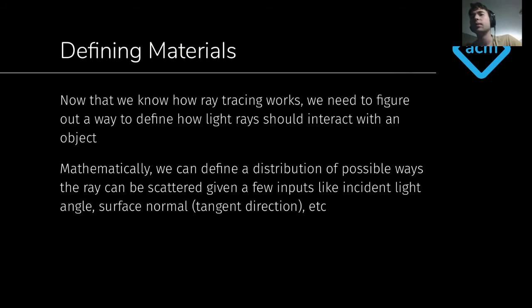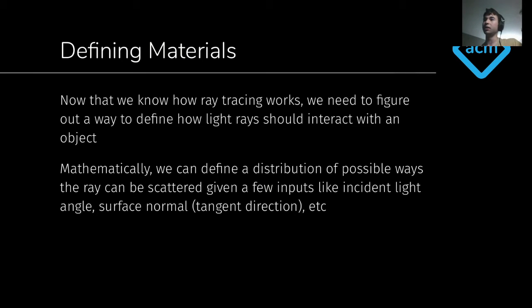Okay, but now that we have a basic idea of how ray tracing works, we get to the main bulk of this presentation, which is how can we define a way to describe how light rays should interact with this object. And the way this is done is we can mathematically define a distribution, like a probability distribution, of all the possible ways that the light ray can be scattered once it hits the surface.